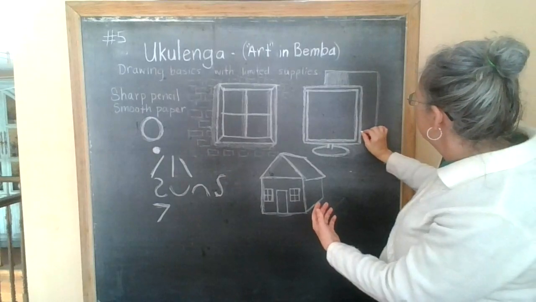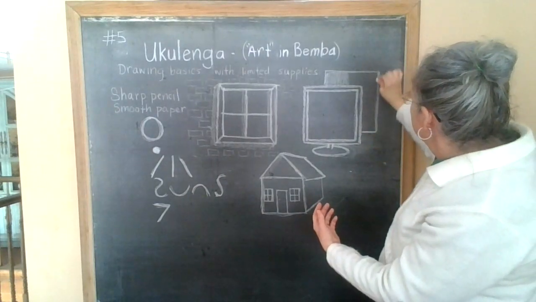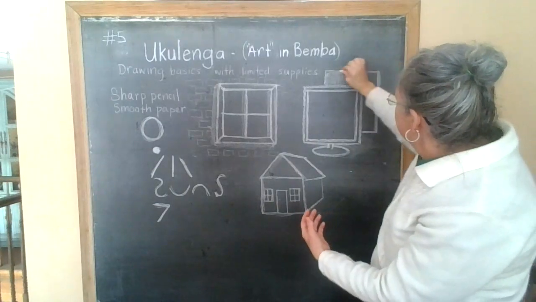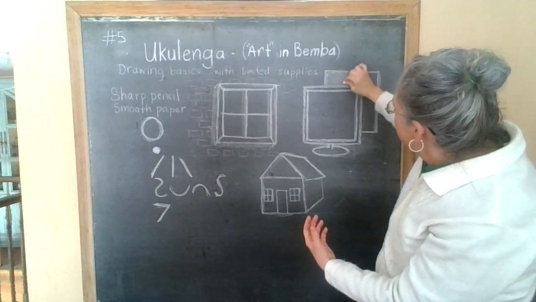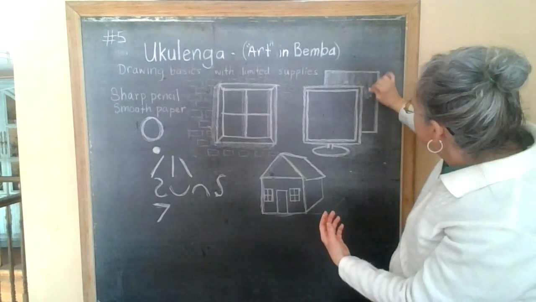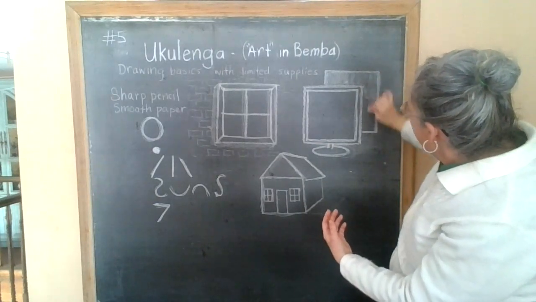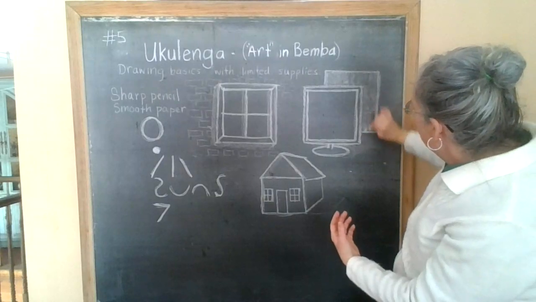with gesture drawing, forward, backward, forward. And then we can fill in this shadow behind the screen as it casts its shadow on the wall.